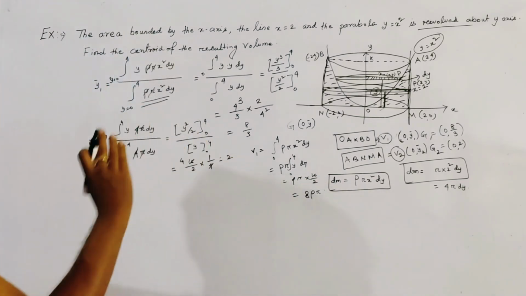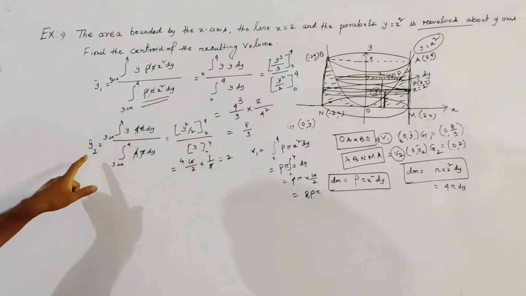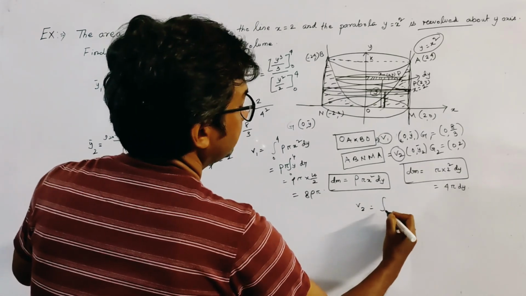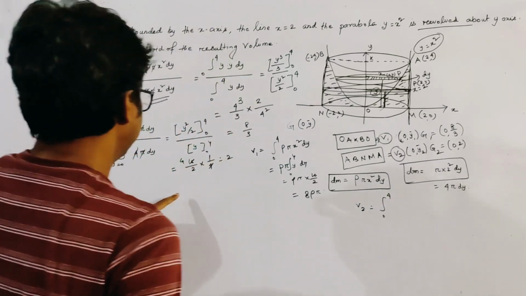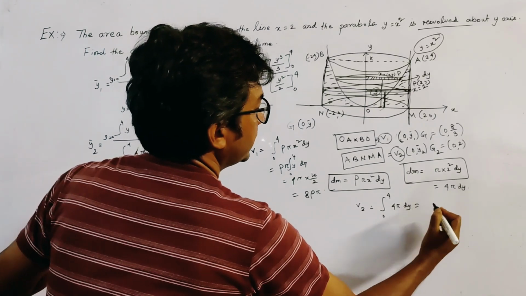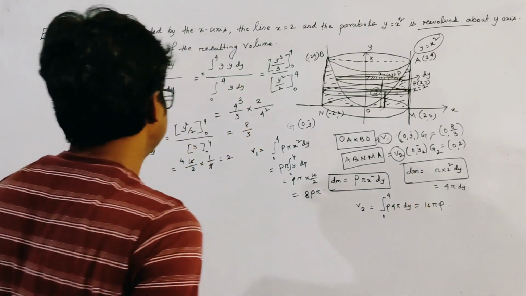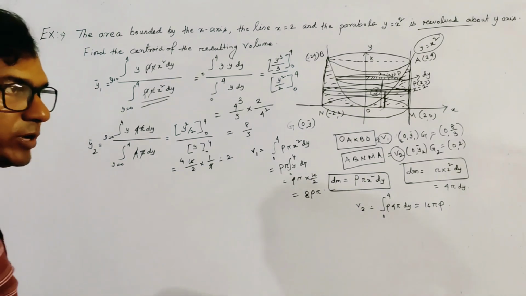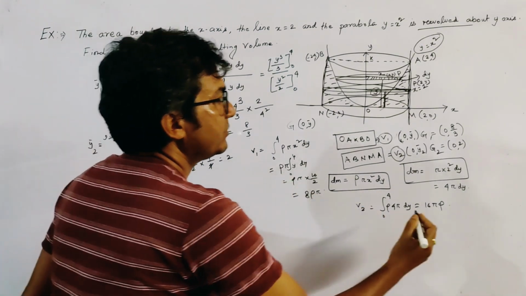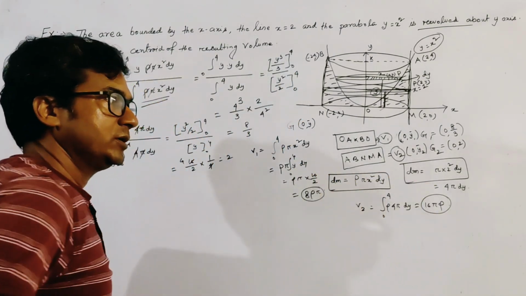This is the volume V1, and for the volume V2 we write this. So V2 is given by 0 to 4, and the lower term is 4 pi dy, so this is 16 pi rho. We also multiply rho here. Okay, and this is the volume V2 and this is the volume V1.